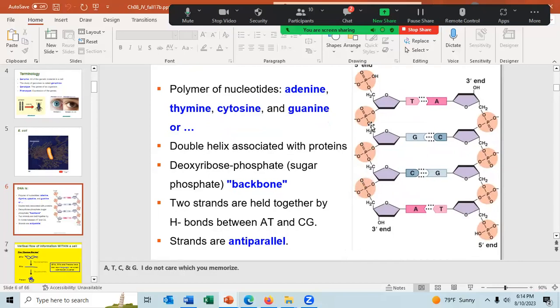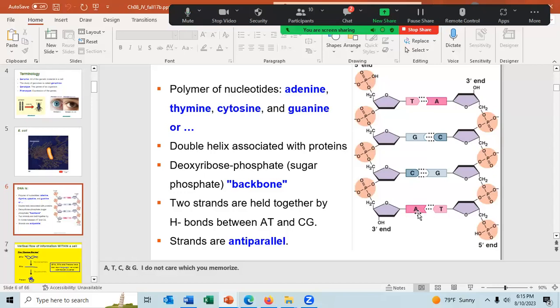So the one strand of DNA is held together by the sugar phosphate backbone, and that's a covalent linkage. The two strands of DNA are held together only by hydrogen bonds between the bases, the nucleotide, the nitrogen containing bases.